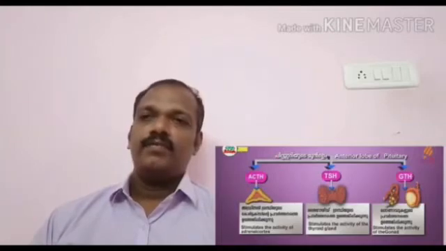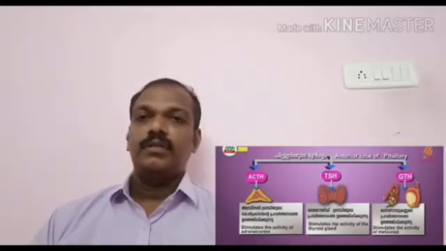Adrenocorticotropic hormone, thyroid stimulating hormone, and gonadotropic hormone are examples of tropic hormones. Tropic hormones control the action of other endocrine glands. So the anterior lobe of the pituitary gland controls these endocrine glands by producing tropic hormone.